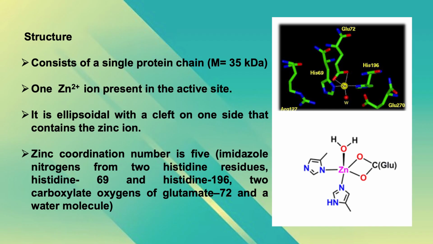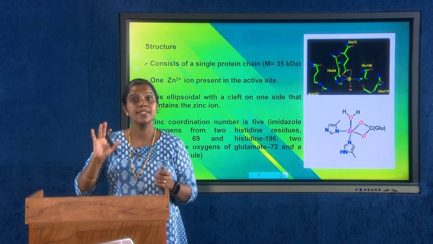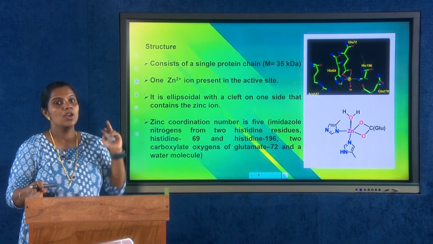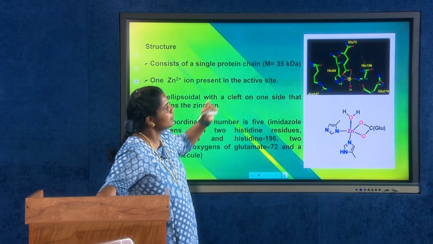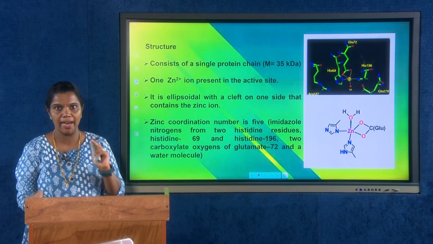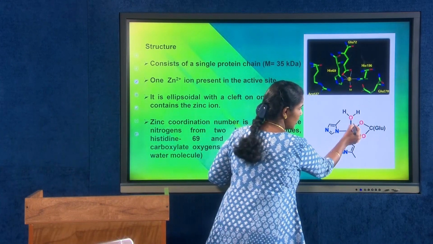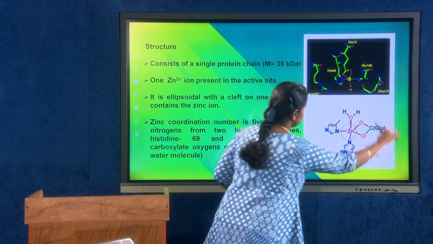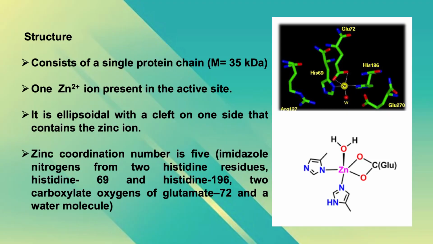Now, we are going to see the structure of the enzyme carboxypeptidase A in detail. I already mentioned that it is a zinc containing enzyme. It consists of a single protein chain of molecular mass about 35 kilodaltons. It has zinc in +2 oxidation state in the active site. You can see here it is Zn2+. It is ellipsoidal with a cleft on one side that contains the zinc ion.